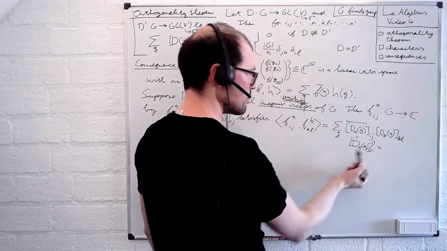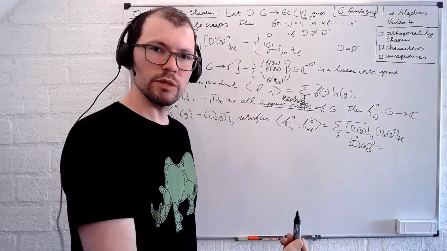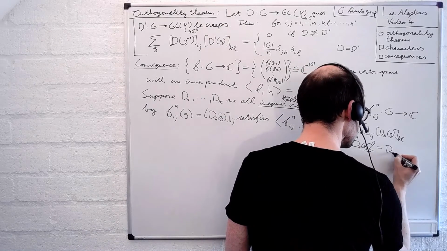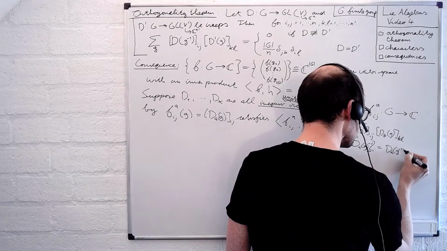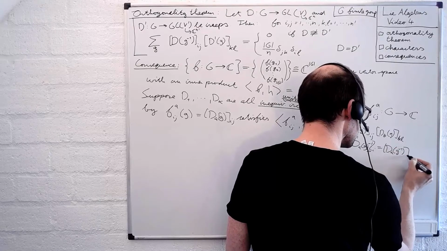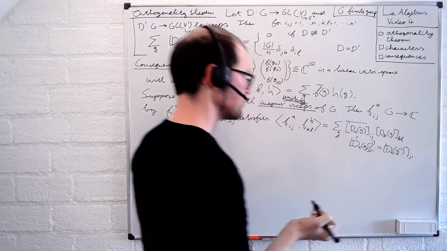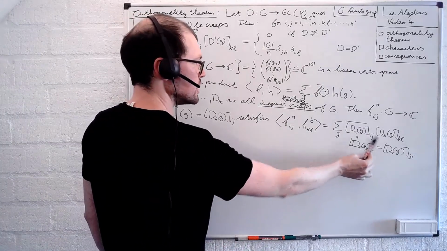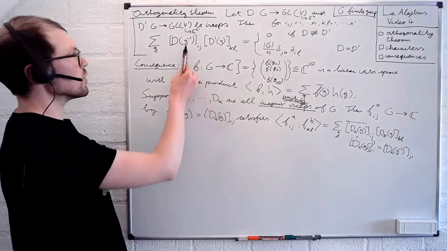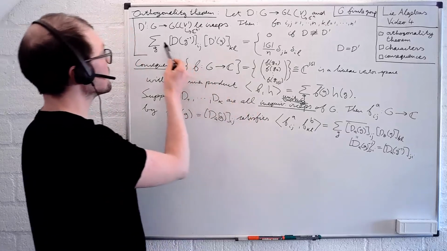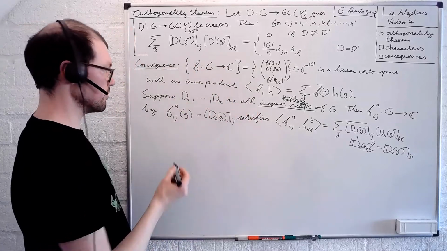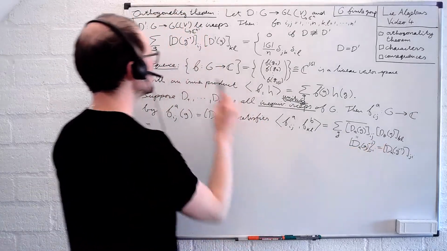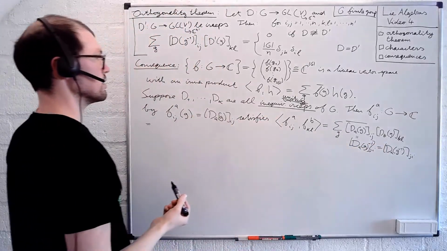But since this is a representation, the inverse matrix is exactly the representation of the inverse element at ji. So we see that this sum here is exactly the one that we had in the orthogonality theorem, where now D prime is D^b and D is D^a.